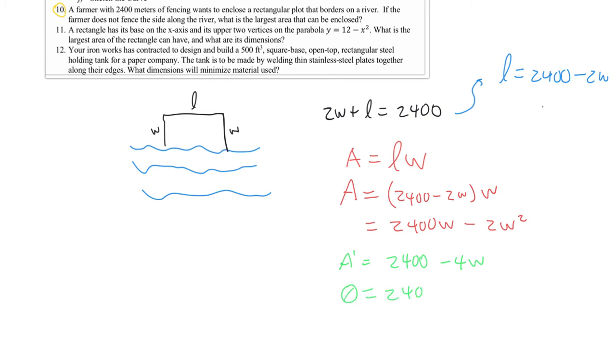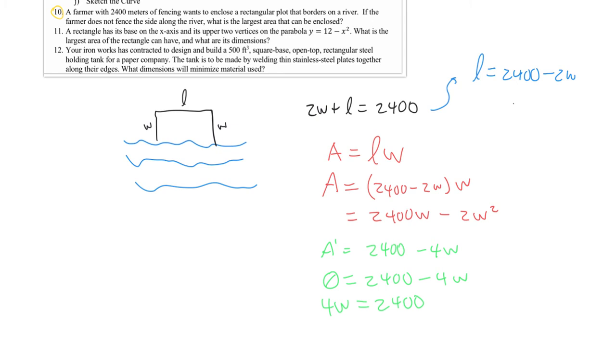Understanding why this works is kind of cool and interesting, but seeing as how the test is coming up, I think it's going to be a little bit more important to just understand how to do it. And notice how it's very similar to a lot of the stuff we were doing before. So 2,400 divided by 4 is going to be 600.